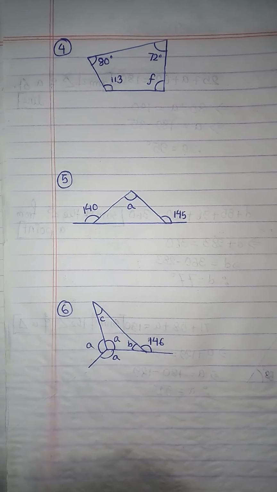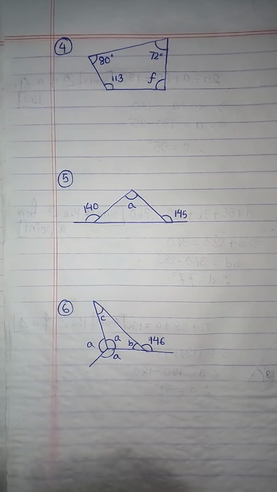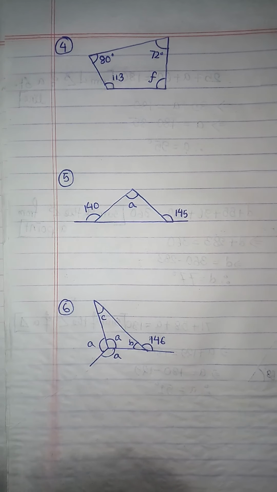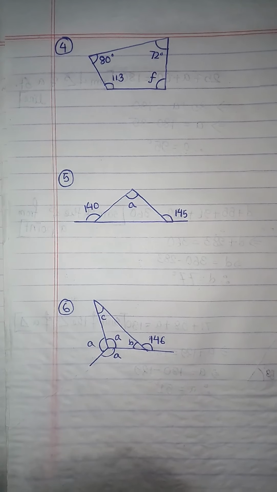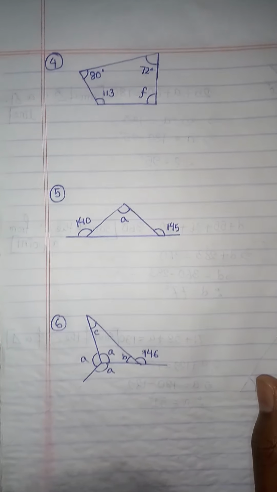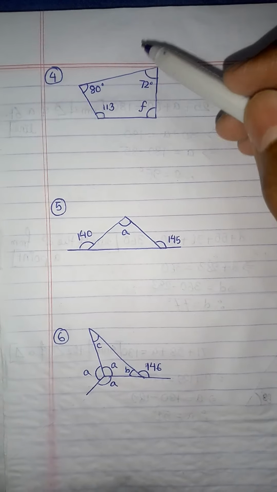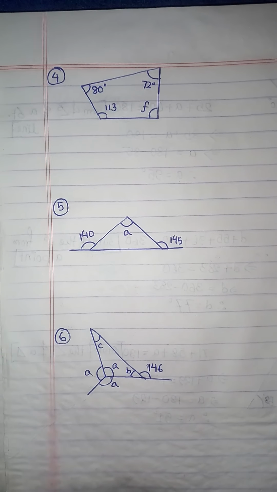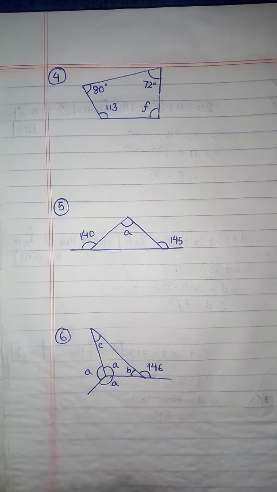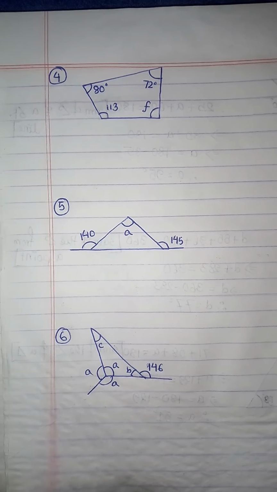A quadrilateral is given, similar problems, but you need to use the technique as you already know the formulas. Since it is a quadrilateral, the sum of the angles of a quadrilateral is 360.